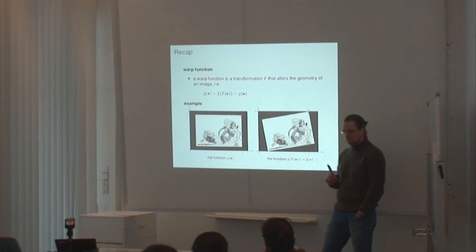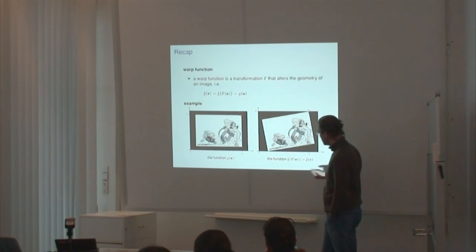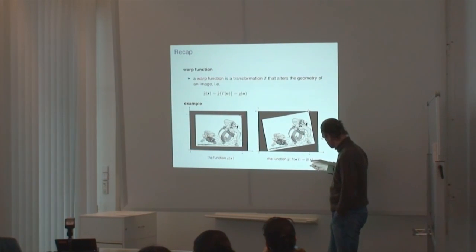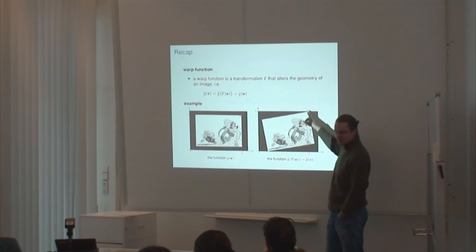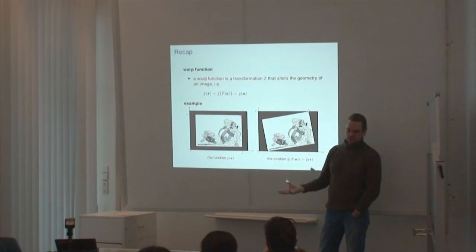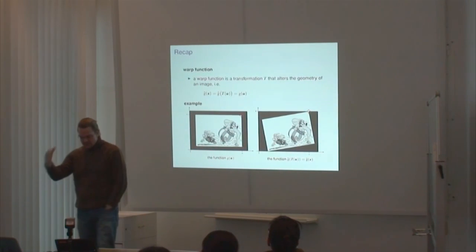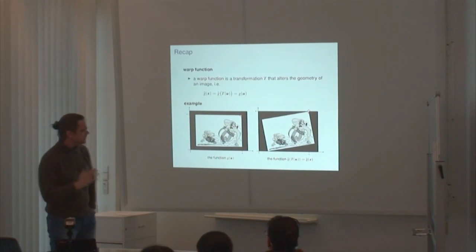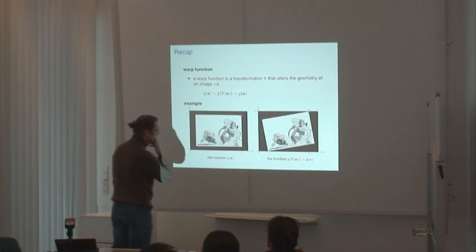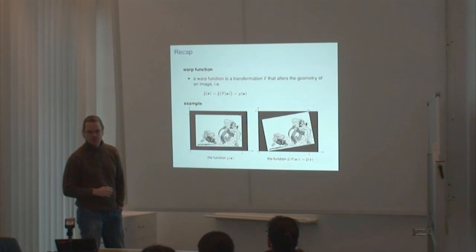What we are interested in right now is how we can create new images which are new in the sense that at a certain new coordinate, they assume the same intensity or color value as the original image at another coordinate. And this idea of doing something to the coordinates of intensity values, but not to the intensity values themselves, is what we call warping.